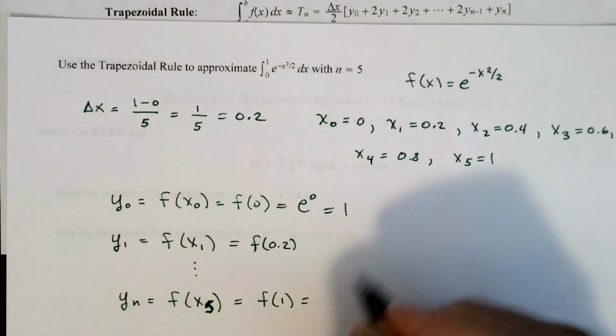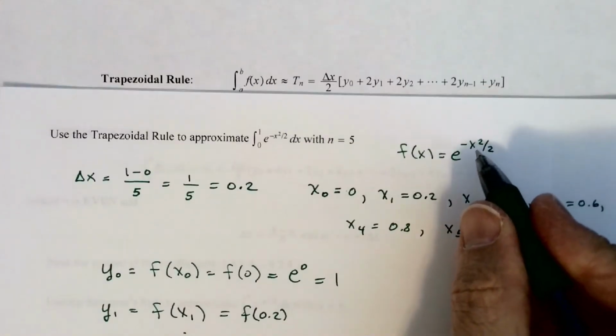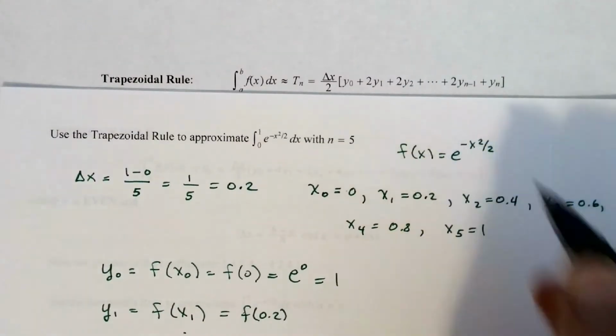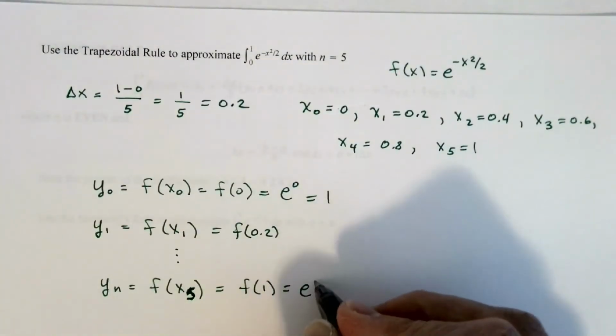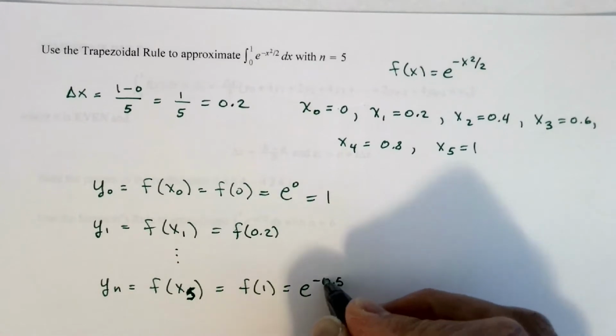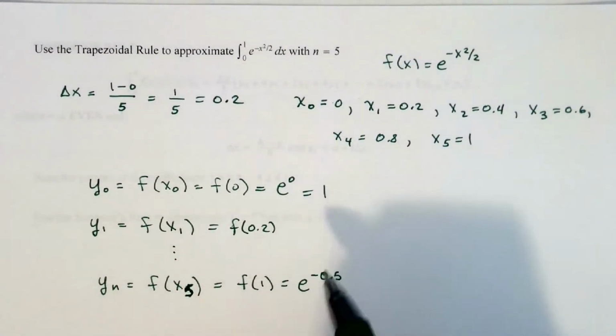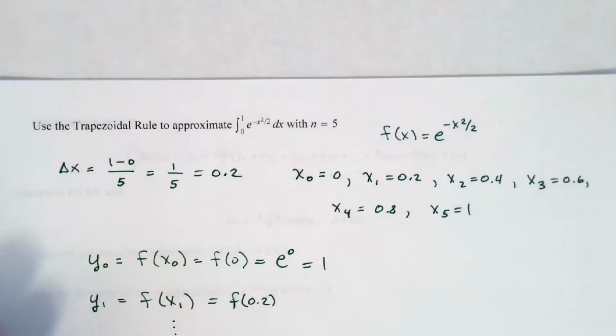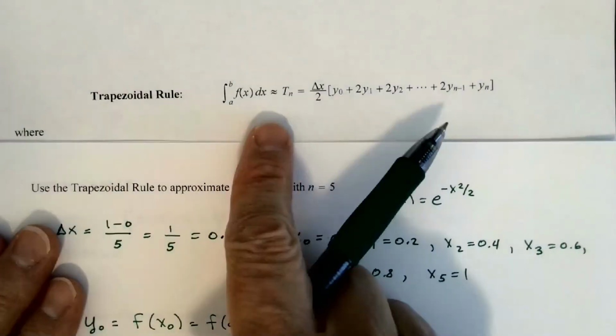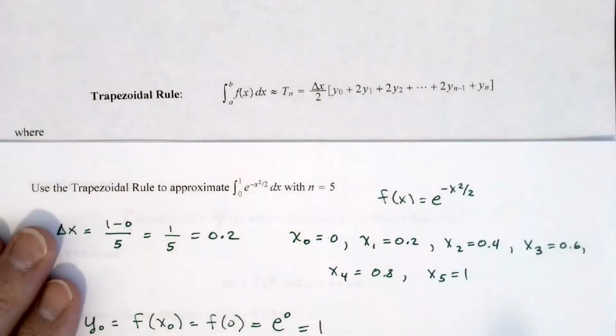And I'll go and plug in 1. If I plug in 1, I get 1 squared is 1, 1/2, negative 0.5, so I get e to the negative 0.5. But again, I'm going to use my calculator to do all this, but I would like you to show the setup, which is basically this thing right here, plugging in those values.